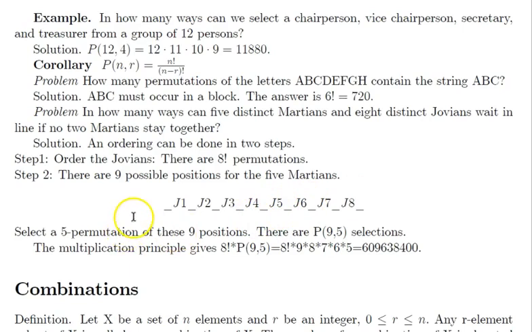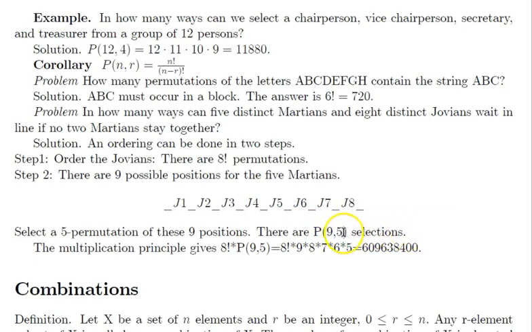So we have to select 5 of those available 9 positions and order them. And there are P(9,5) such orderings.